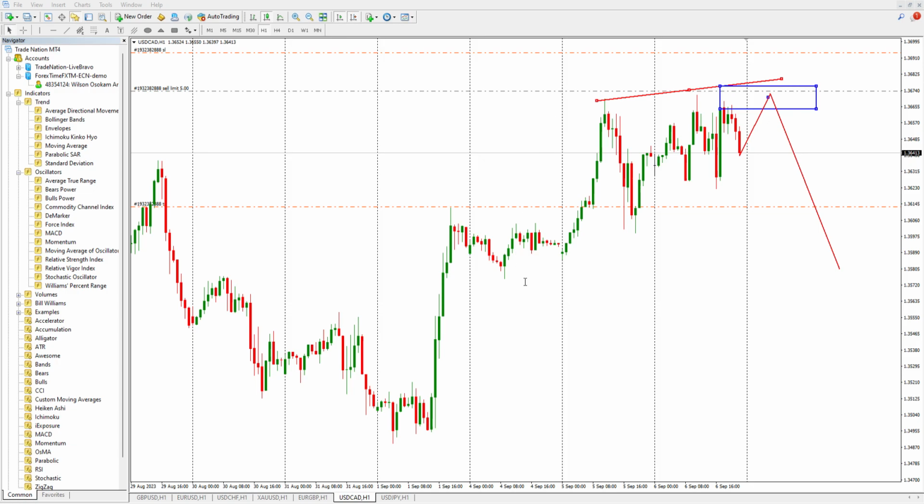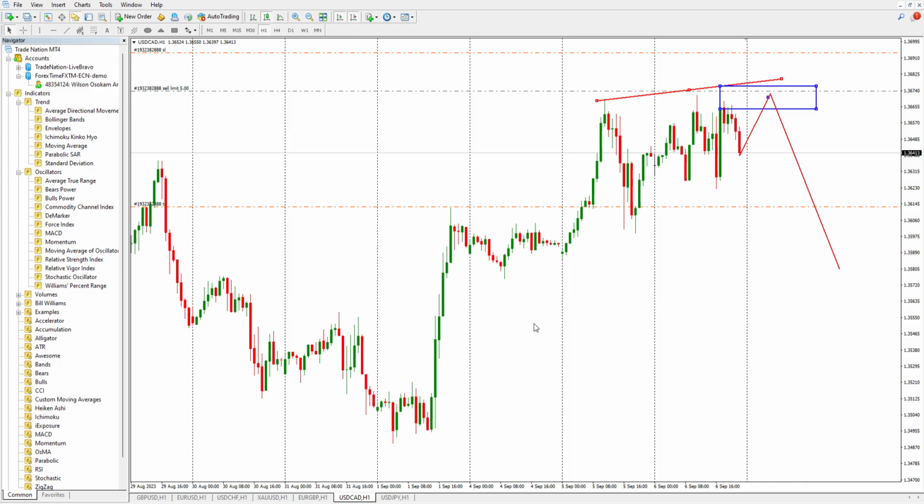Then you can choose when you want the order to expire if it doesn't peak. So if by this time tomorrow this order has not peaked, I want it to expire, you can actually do that. It's very important too. So that is your sell limit.